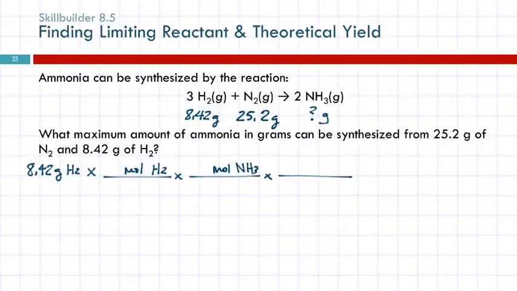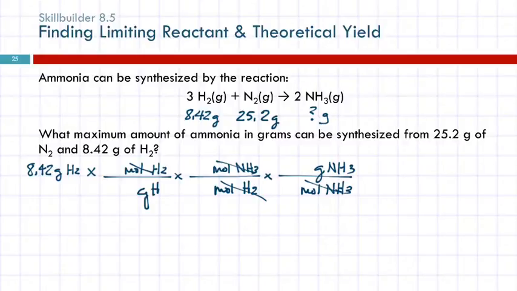And then to grams of ammonia. Bring the units down. So I've got moles of ammonia canceling out. And I've got moles of hydrogen down here. Those cancel. And I've got grams of hydrogen, and those cancel.